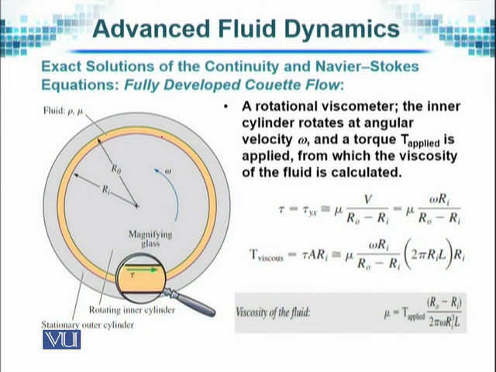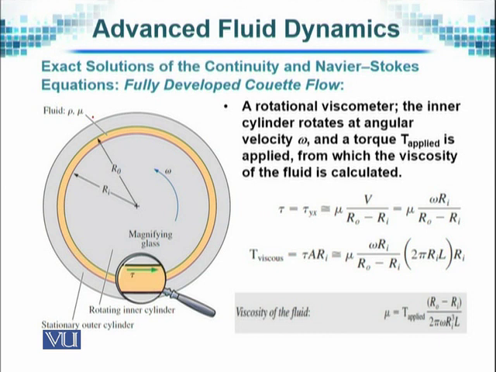If the radius of the inner plate is Ri and the radius of the outer plate is Ro, then Ro is given a motion such that it moves with an angular velocity omega.